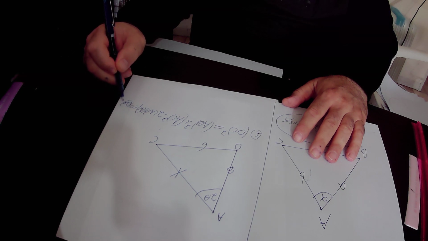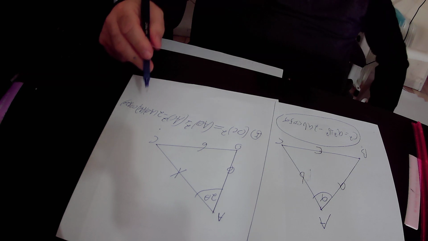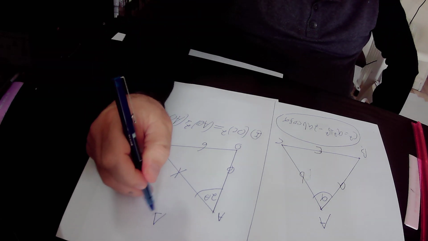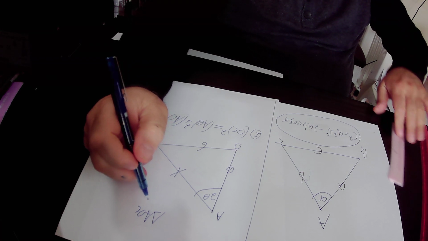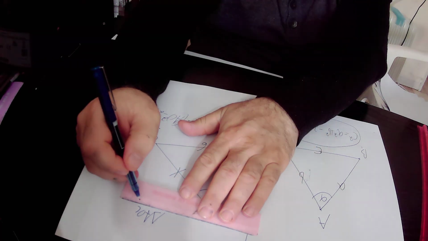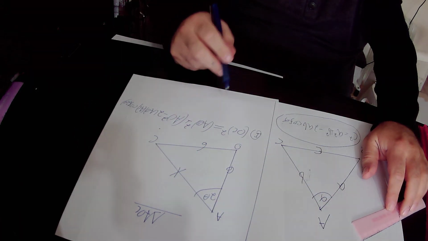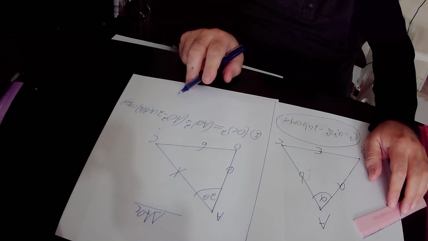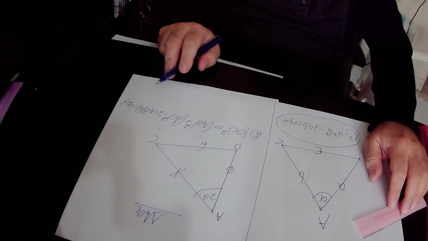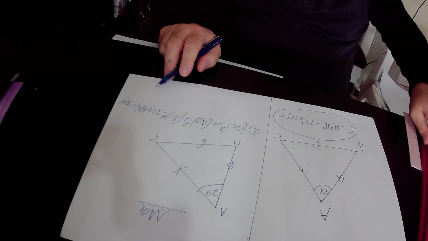So this is the implementation of the law of cosines in this triangle AOC. OC squared equals AO squared plus AC squared minus 2 times AO times AC times cosine 2 theta.